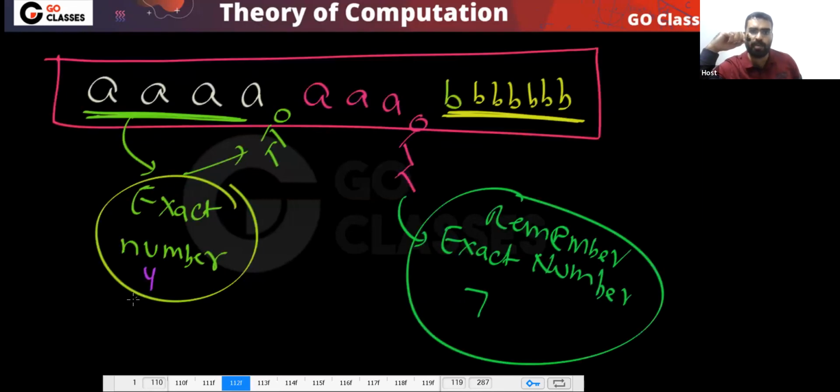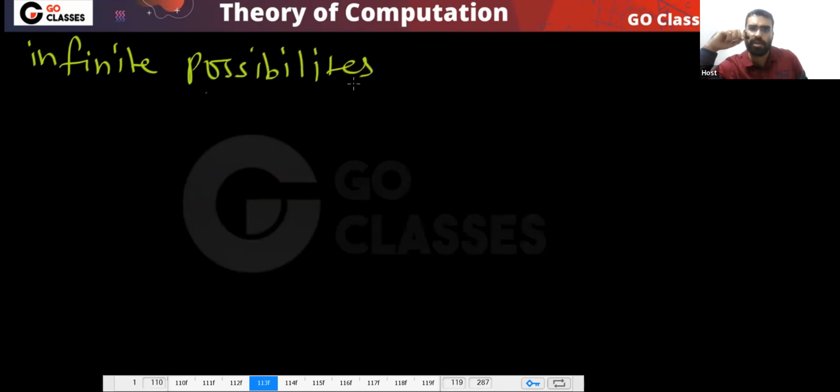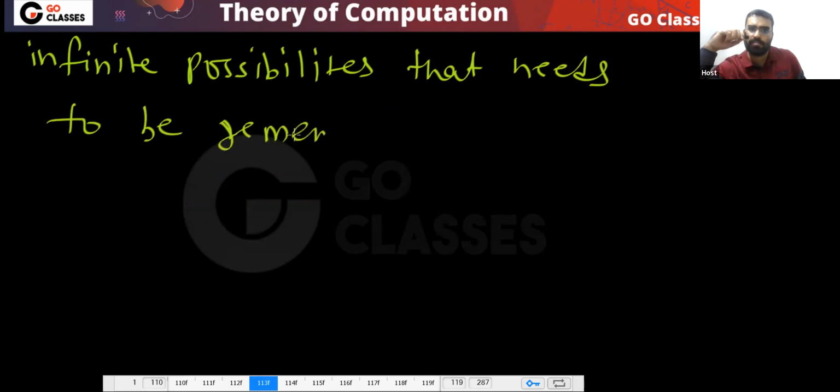Can I say that these are the infinite possibilities you need to remember, because you need to remember the exact number of A's? This exact number 7 you need to remember. Similarly, this exact number 4 you need to remember. If you are here, then this exact number 7 you need to remember. So these are the infinite possibilities that need to be remembered, like a power 1, a power 2, a power 3, and so on.